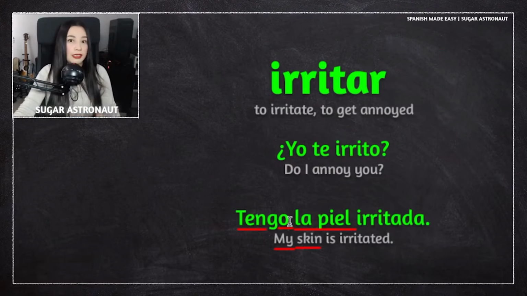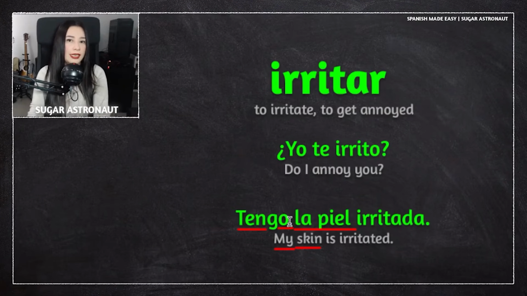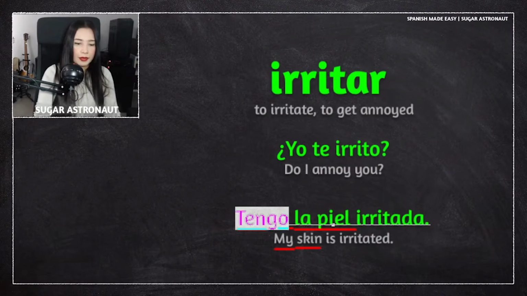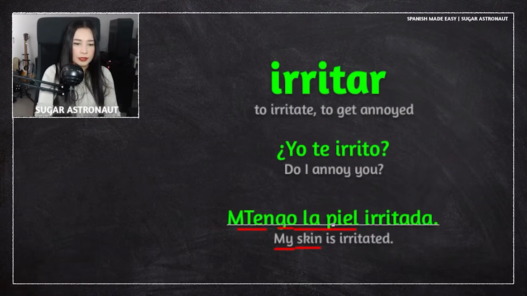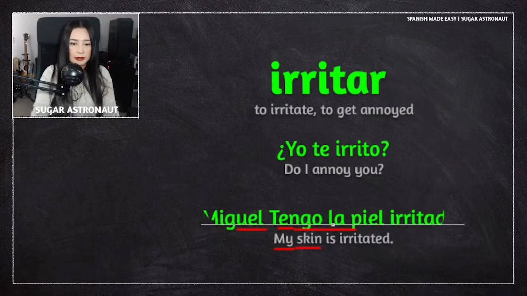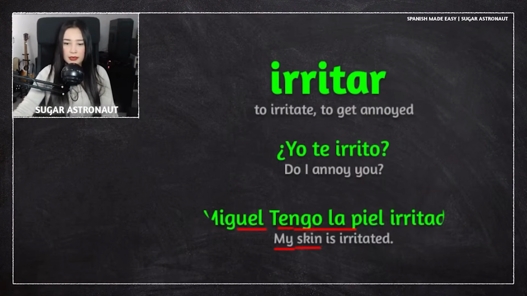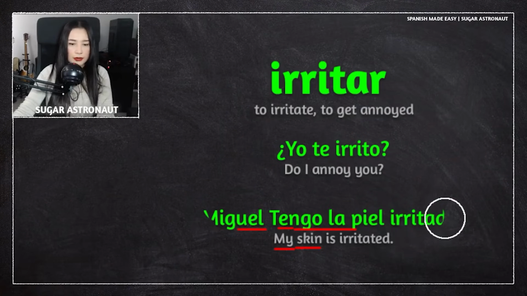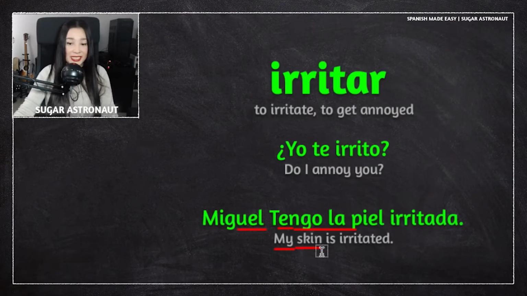But if you want to say someone's skin is irritated, you only have to say the name, obviously. Miguel. It's very interesting how it works in English and in Spanish. The whole sentence structure and words and all of that.